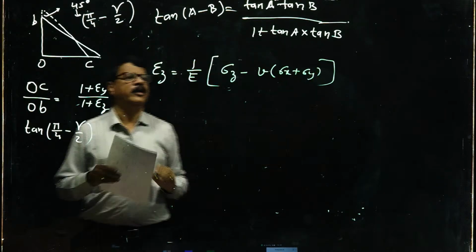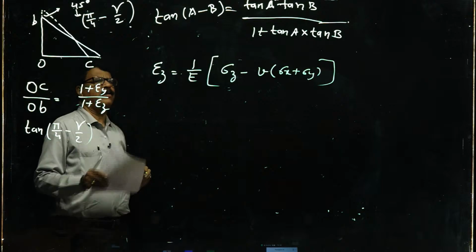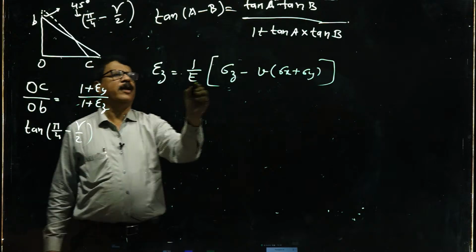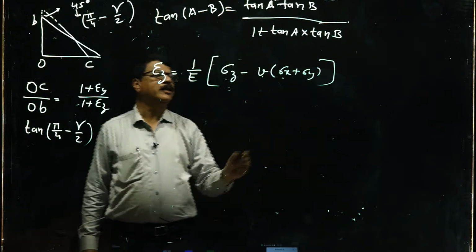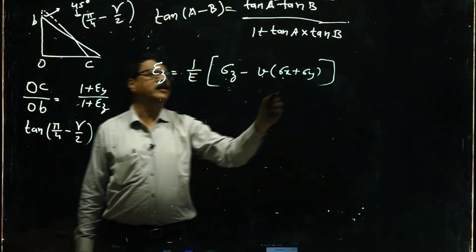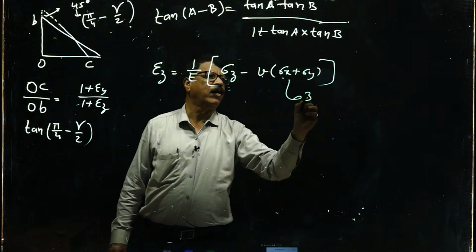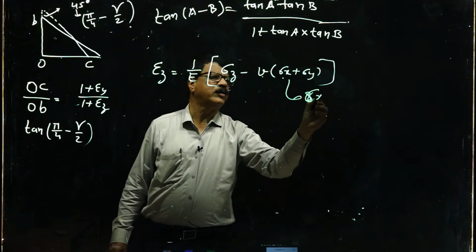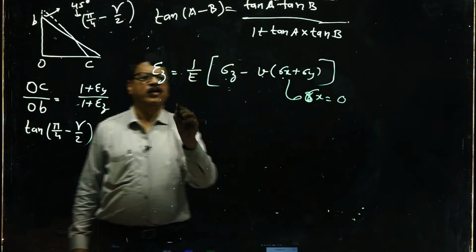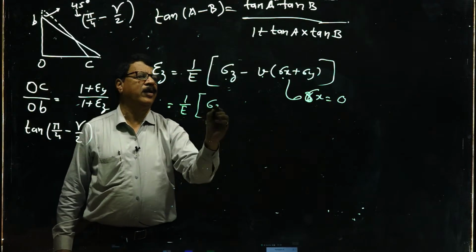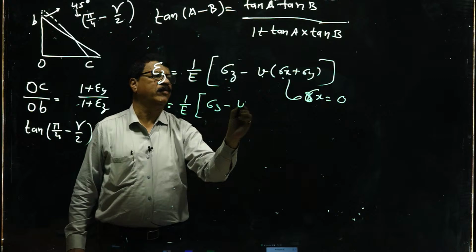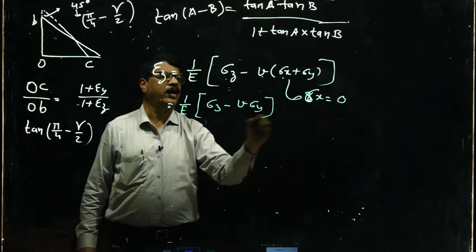Yes, like this. So EZ is 1 upon E, sigma Z minus Poisson's ratio times sigma x. In this case, sigma x is 0. So EY is equal to 1 upon E, sigma Y minus v sigma Z.